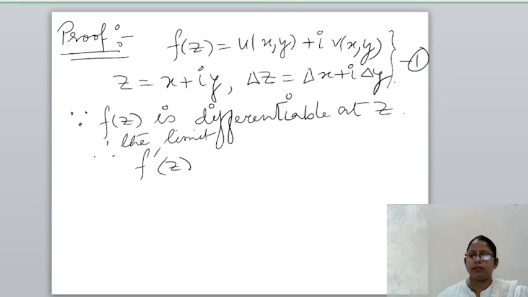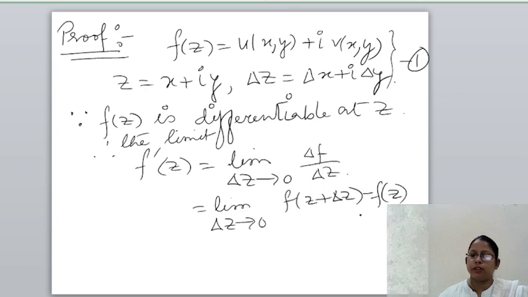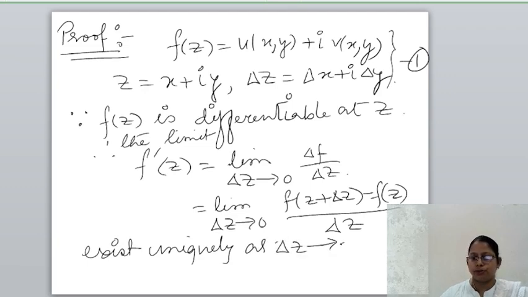f dash of z equal to limit delta z tends to 0, delta f by delta z, given by limit delta z tends to 0, f(z plus delta z) minus f(z) by delta z, exists uniquely as delta z tends to 0 along any path.